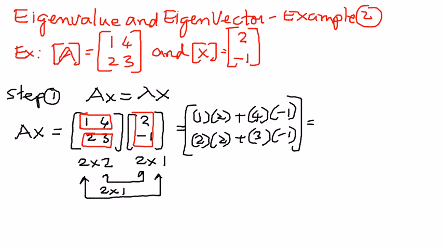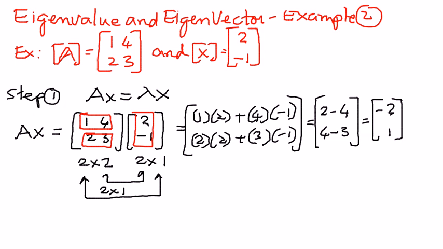So we will simplify this math here, and when we simplify, this is what we're going to get. 1 times 2 is 2, 4 times -1 is -4. And then 2 times 2 is 4, 3 times -1 is -3. So therefore, when we simplify this, this is going to be 2 minus 4 is -2, 4 minus 3 is +1. So we can write this one as -1.